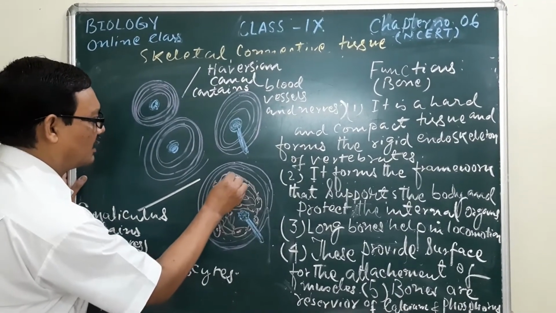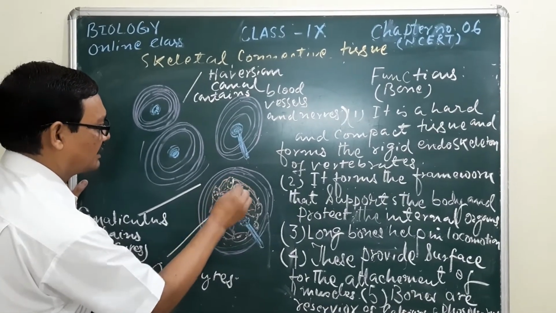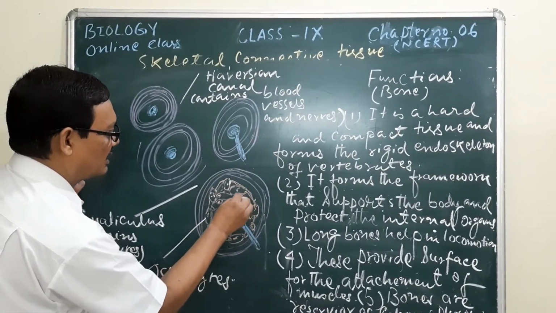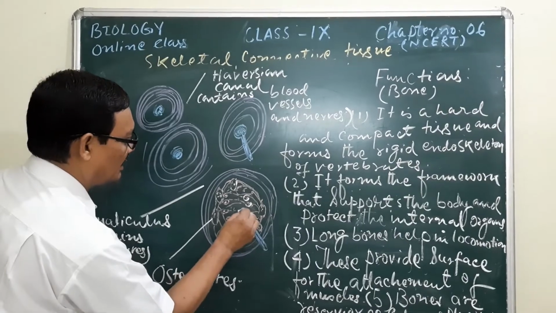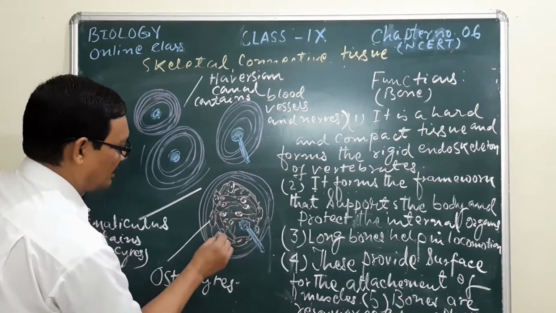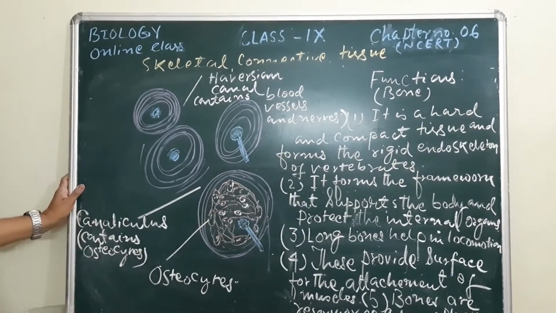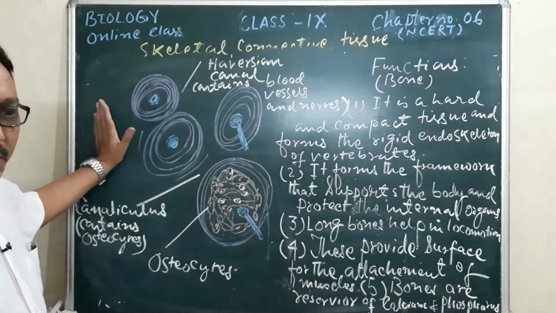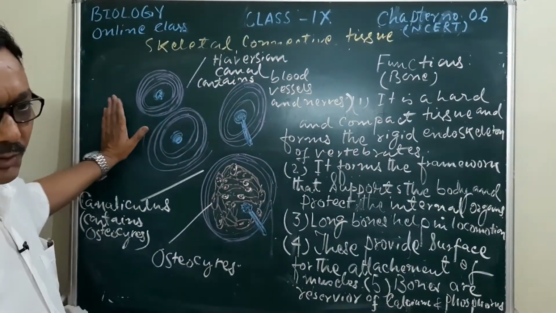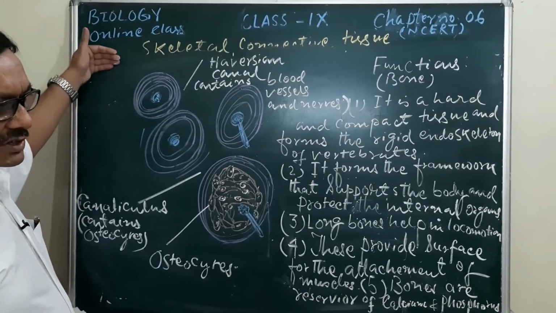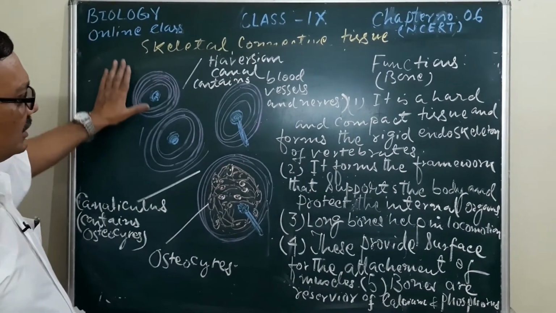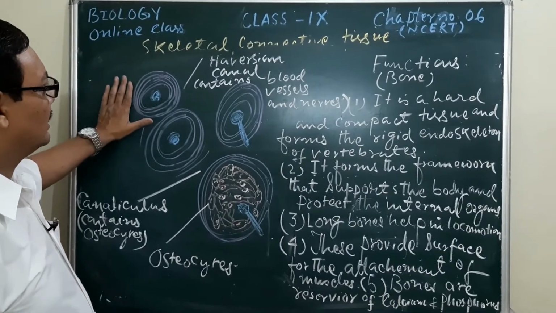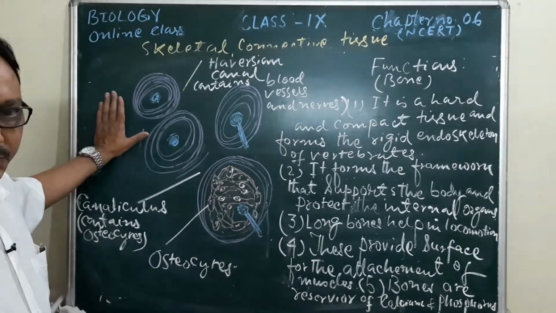These are the osteocytes, the cells, shown here in this diagram. So this is the description of bones, and before this we studied about the cartilage. Now in this way our skeletal connective tissue is completed.